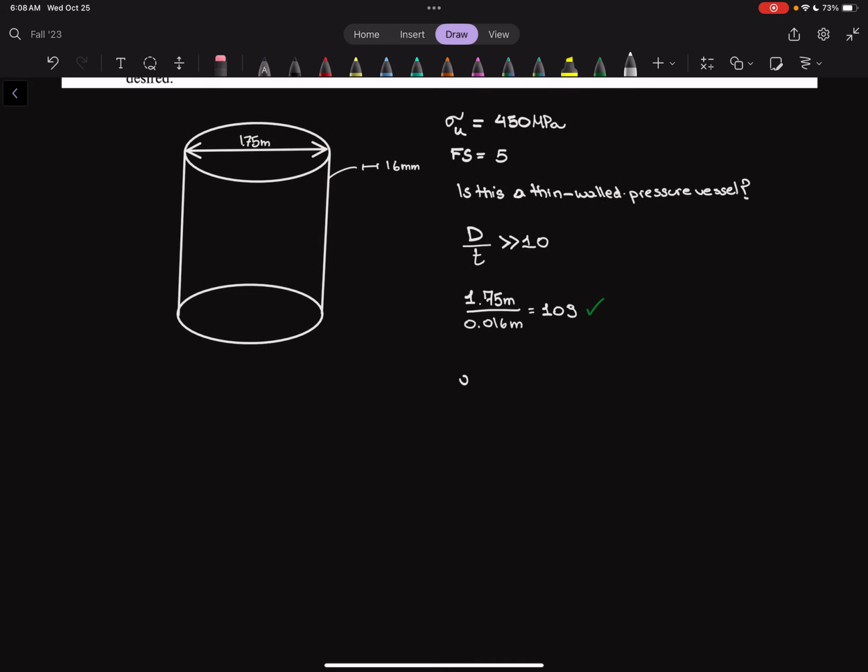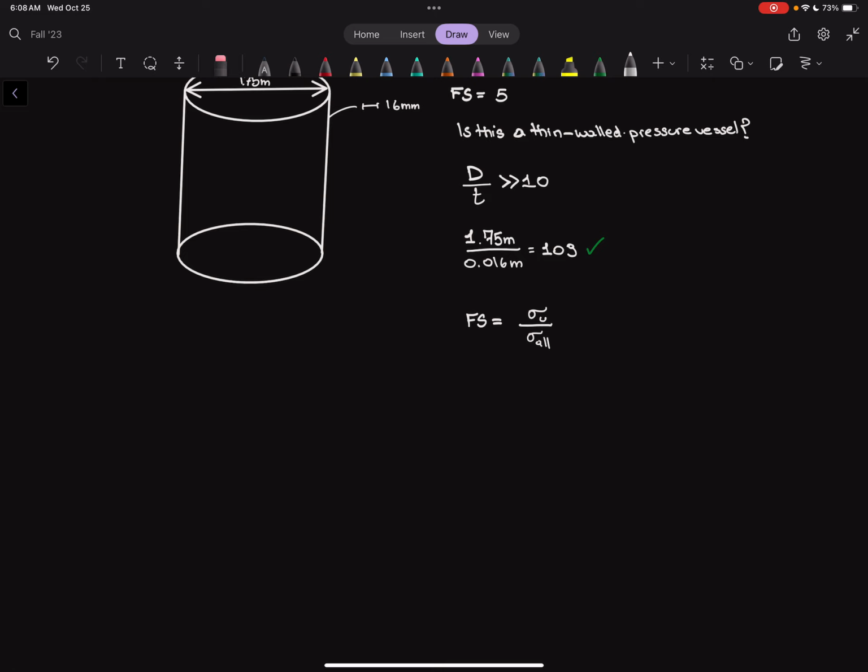So the first thing is, let's find the allowable stress. Well, let's write the definition of factor of safety. Factor of safety is sigma ultimate over sigma allowable, or sigma yield over sigma allowable.